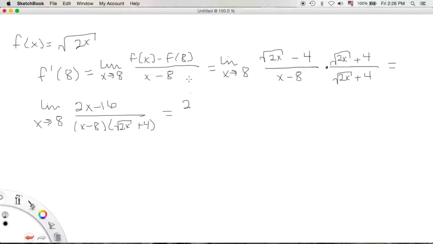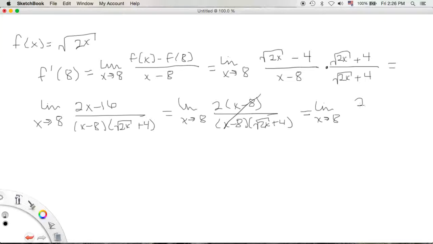So the limit as x goes to 8 of 2 times x minus 8 over x minus 8 times the square root of 2x plus 4. Cancel those out. The limit as x goes to 8 of 2 over 2 times the square root of 2x plus 4.